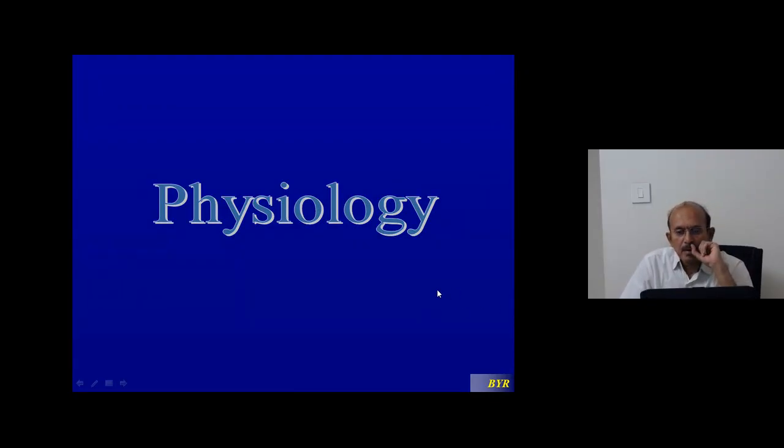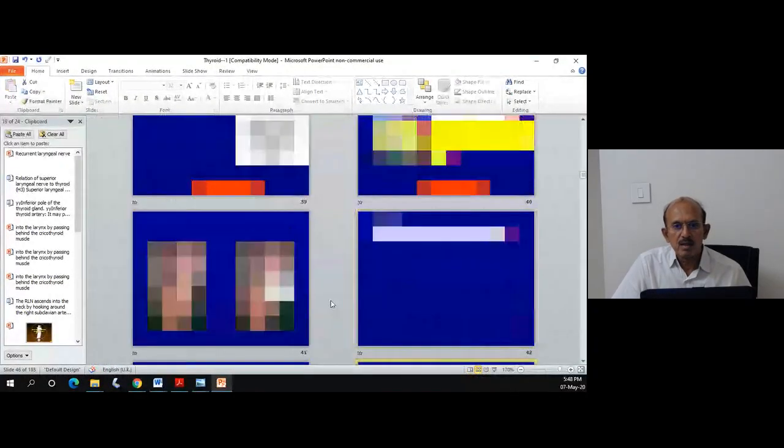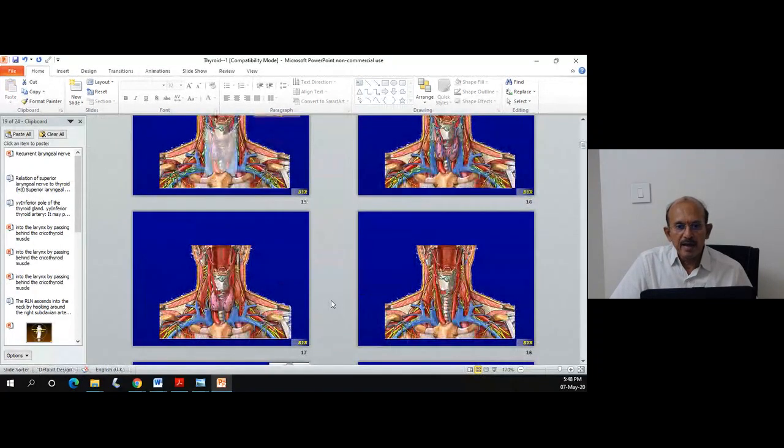Okay. So that is about the physical anatomy of the thyroid gland. Now, some people have asked some doubts. Number one is, why should we ligate the middle thyroid vein in the beginning itself?